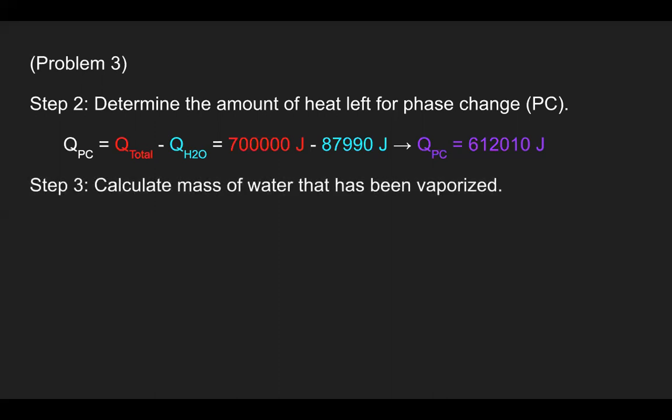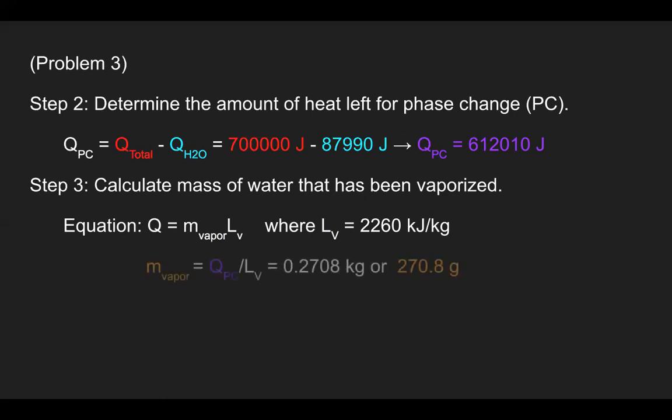So once we do that math, we get that value. And next, we want to calculate the mass of water that has been vaporized. So we're using the equation Q is equal to mass of the vapor times the latent heat of vaporization. You'll be given this value. In this case, I gave it as 2,260 kilojoules per kilogram.